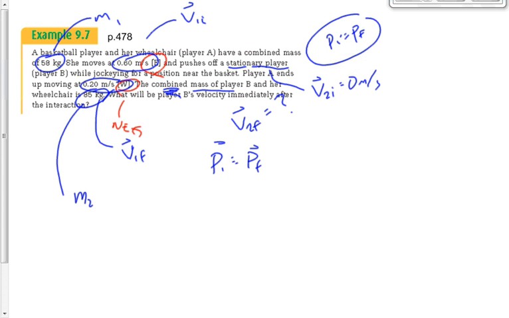Caitlin, how many objects do we have before the collision takes place here? 2. We've got 2 players and their wheelchairs, but the wheelchairs are with the players, right? So we're going to say 2 terms, M1 V1 initial plus M2 V2 initial. How many objects do we have after the collision? Michaela, how many do we have after the collision here?